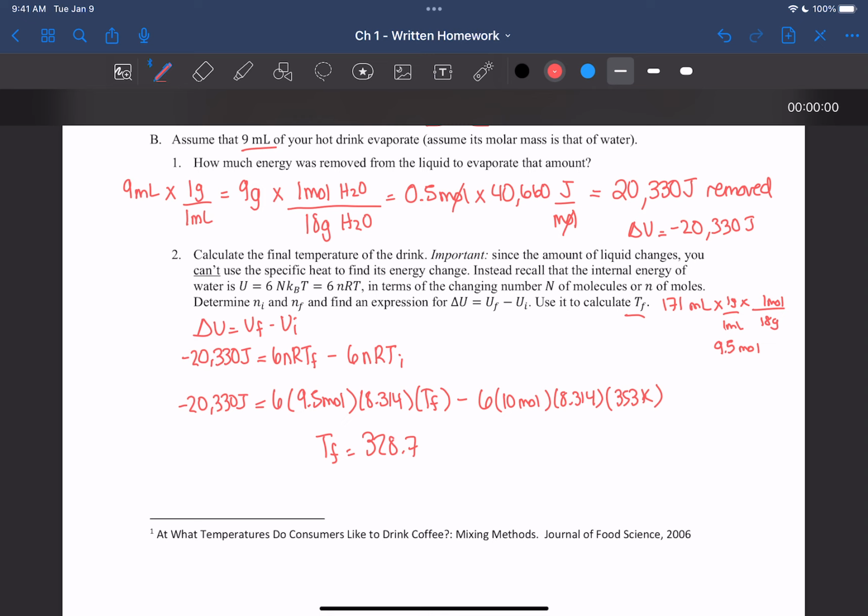But you don't have to worry about sig figs for this class. If you did, I would have lost my mind. I would have worried more about calculating things properly in sig figs than actually learning the physics in this class. Losing points for sig figs would just be stupid.